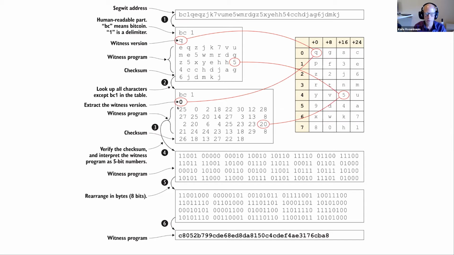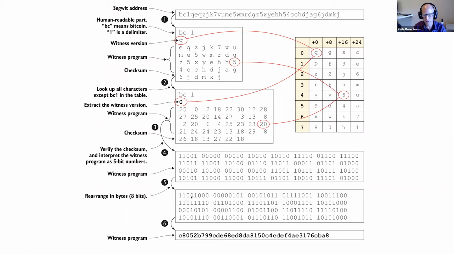And then we continue. We take the witness program and we translate this into, these are 5-bit numbers, right? 0 to 31. So we just take the bits and we rearrange them into groups of 8 bits. And this is our witness program.